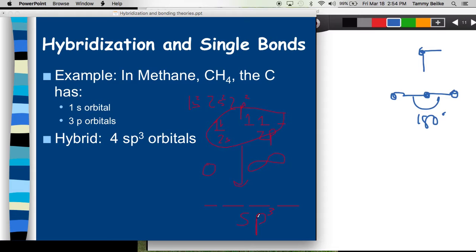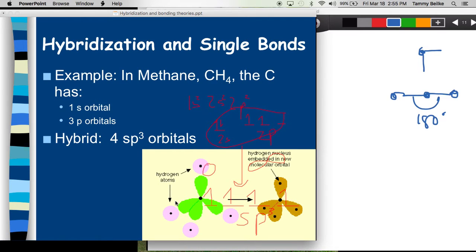In those sp3 orbitals, the 4 electrons are now going to abide by Hund's rule and spread out. Now you have 4 equivalent orbitals, 4 unpaired electrons, and all of these electrons are going to want to make a bond. And funny enough, they're going to be equivalent kinds of bonds.